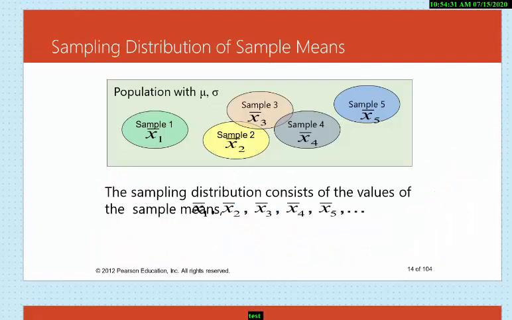Let's try to see an example so we can understand it better. We have a population. Okay, up to here we are good. We have a population of different elements. This green box is the entire population. We know that the population has mean mu and standard deviation sigma. Now we are taking sample 1, sample 2, sample 3, sample 4, sample 5 of the population. How many samples do we have? Well, it depends.